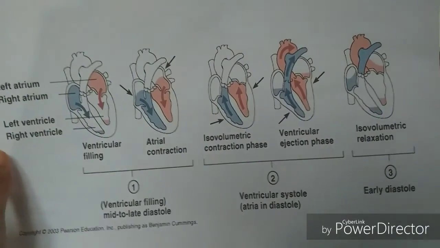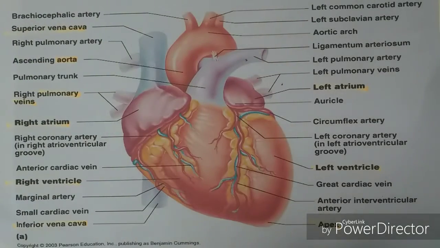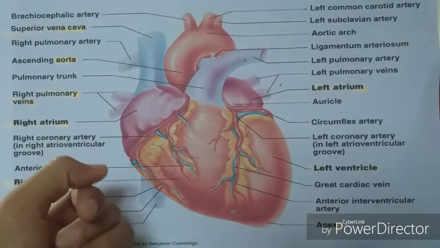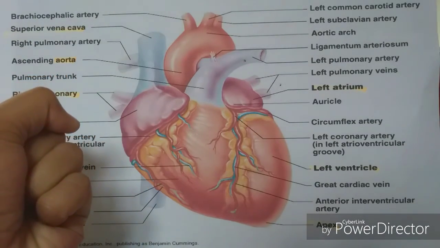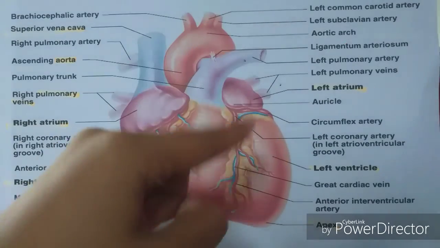And now we will talk about how the blood circulates throughout our body. As the heart pumps, the blood circulates throughout the body.